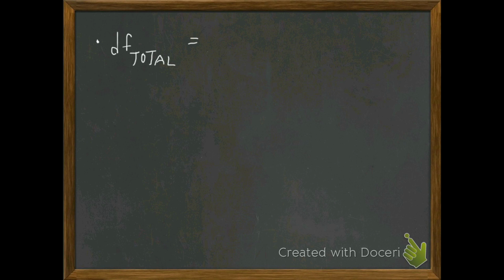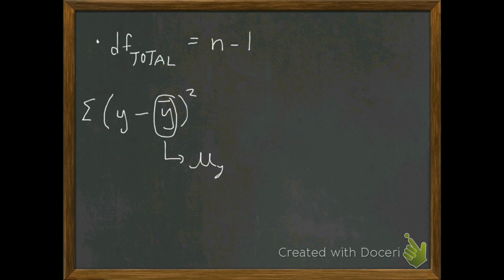All right. So first of all, let's jump into our degrees of freedom for the total. It turns out that for the total, we have n minus 1 degrees of freedom. The reason, if you think about the way we did these calculations, is we took the y value, subtracted the mean, and squared it, right? And of course, we summed it up. Well, y bar was an estimate of the mean response for y.